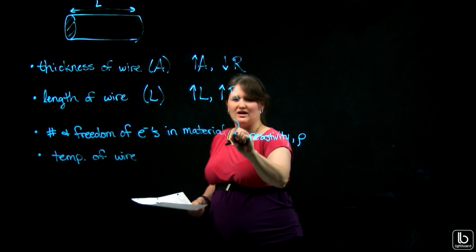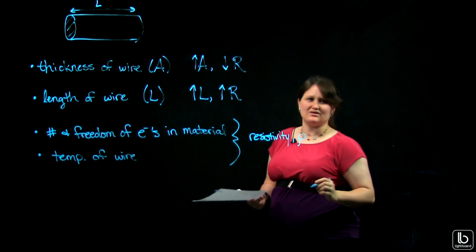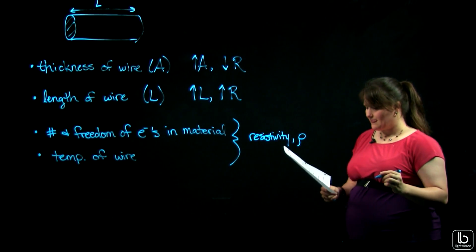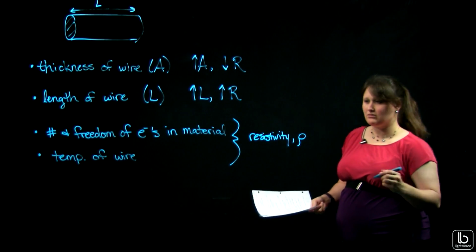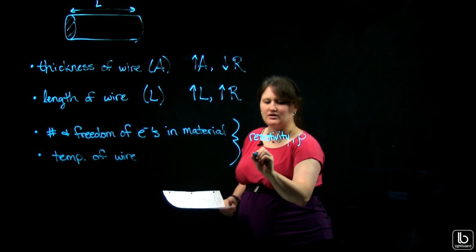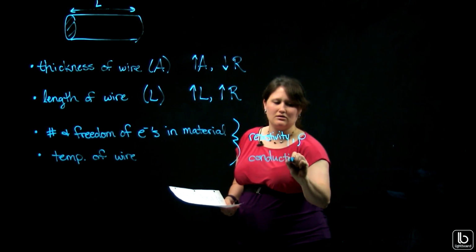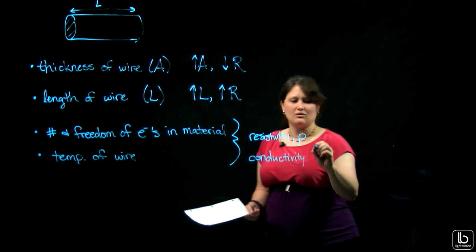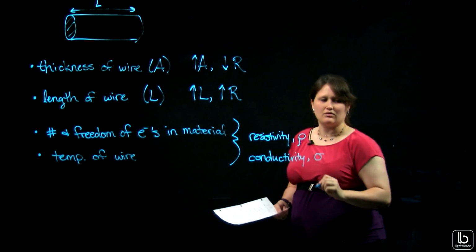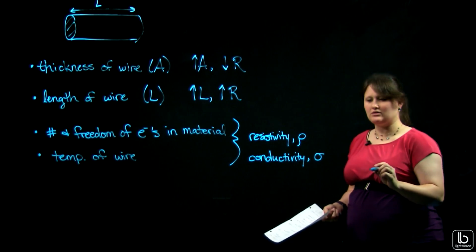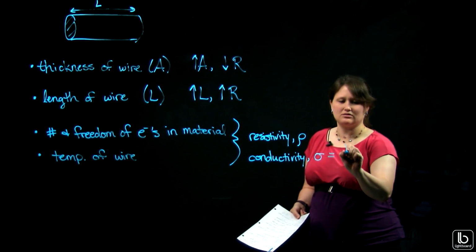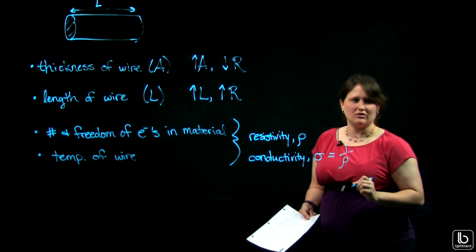So both of these are related to the resistivity. And conversely, we have something called conductivity, represented by the Greek letter omega, which is literally just 1 over the resistivity.